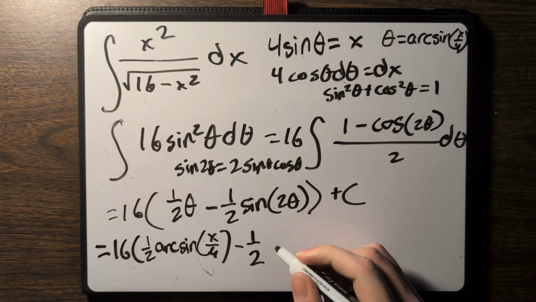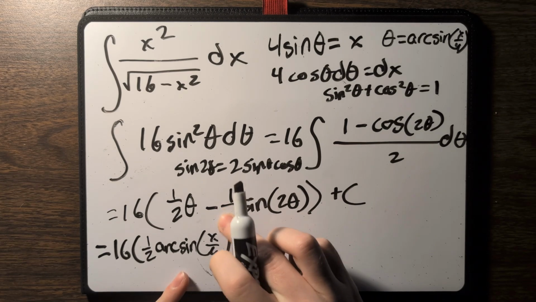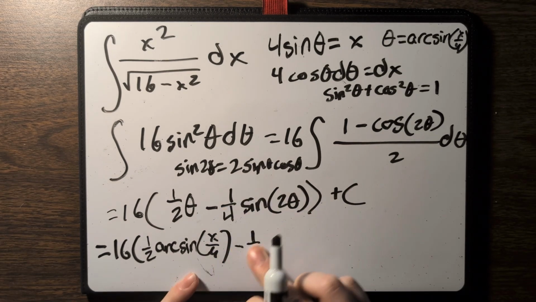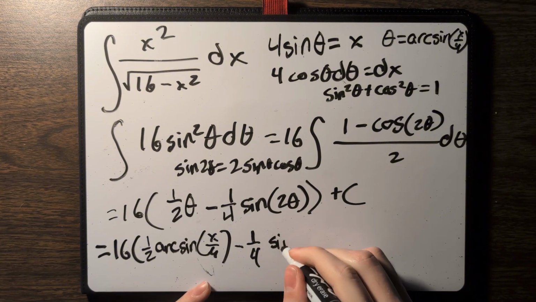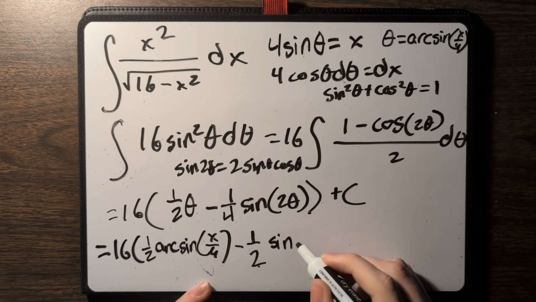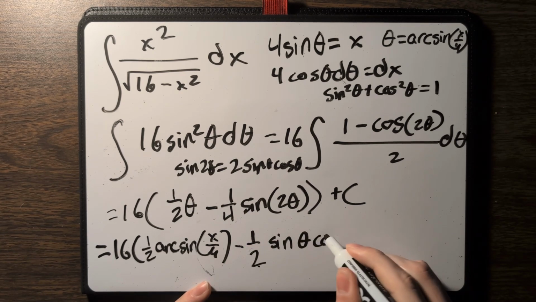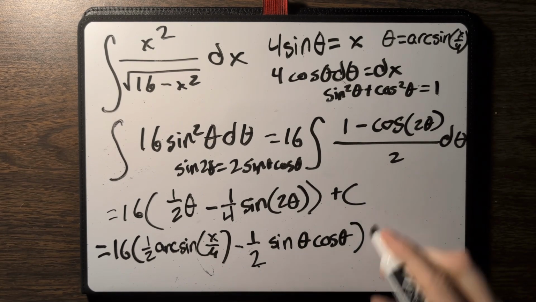Bring this 2 over. Oh, sorry, this is 1 over 4. This is not 1 over 2. This would be 1 over 4, and this will become 1 over 2 sine theta cosine theta plus c.